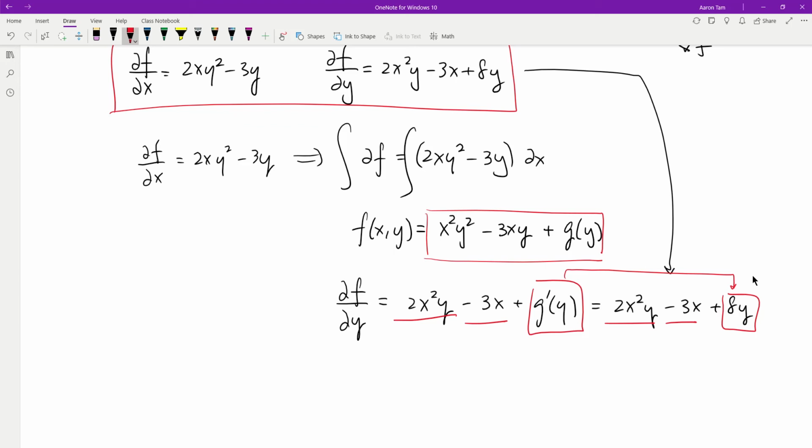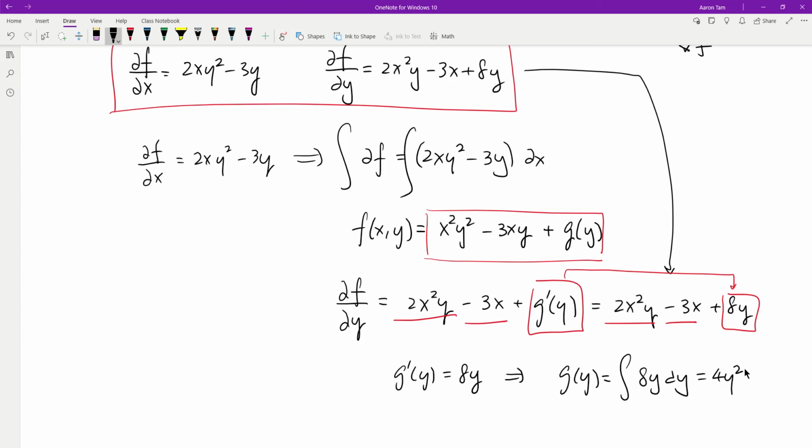And if that is the case, now I have a way to figure out what g of y is. If g prime of y is equal to 8y, then g of y should be equal to the integral of 8y dy. And that comes out to be 4y squared.